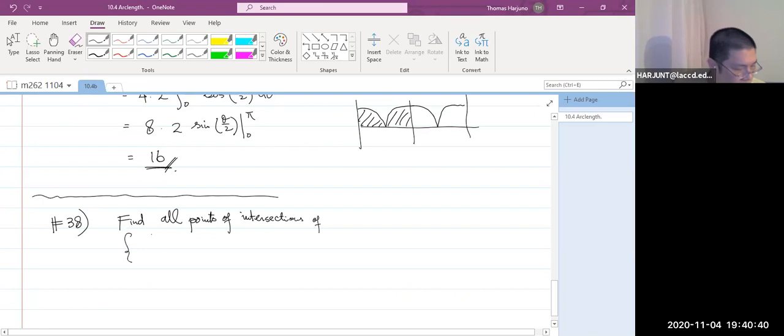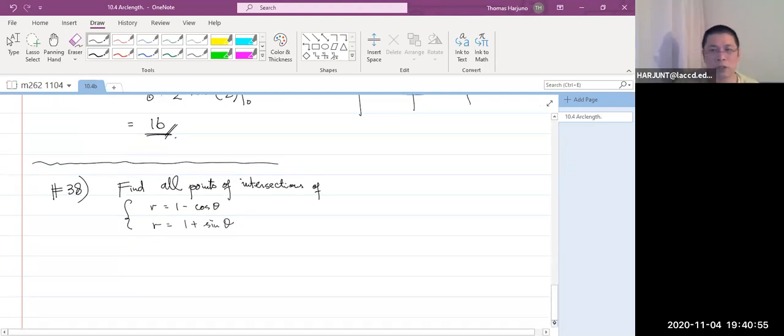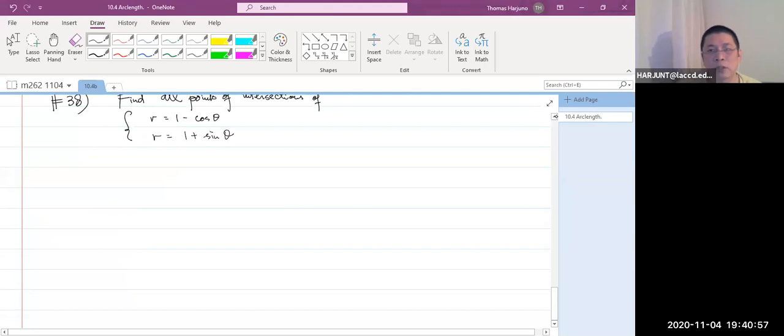Number 38: r equals 1 minus cosine theta, and r equals 1 plus sine theta. I think this one is still on the easy side.